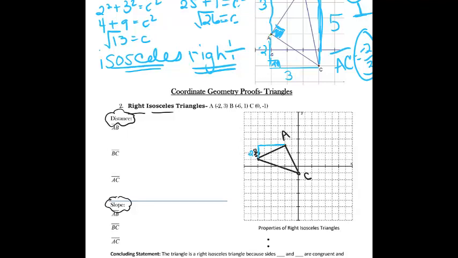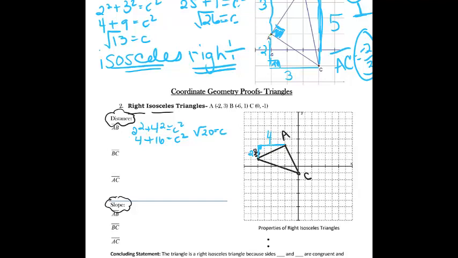2 spaces, right angle, 4 spaces. Distance and length are the same thing. I'm going to get radical 20 for this guy.